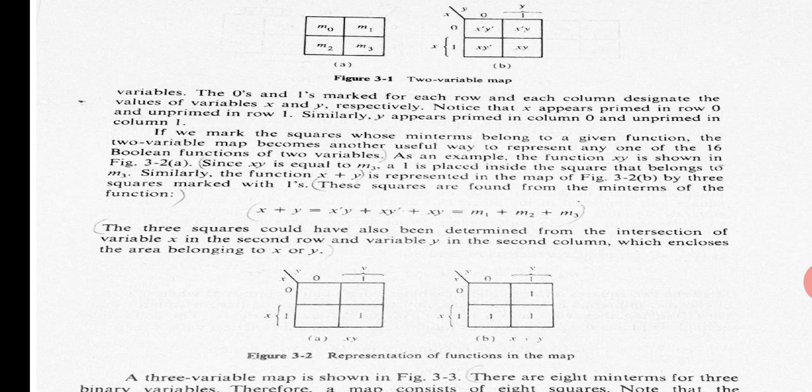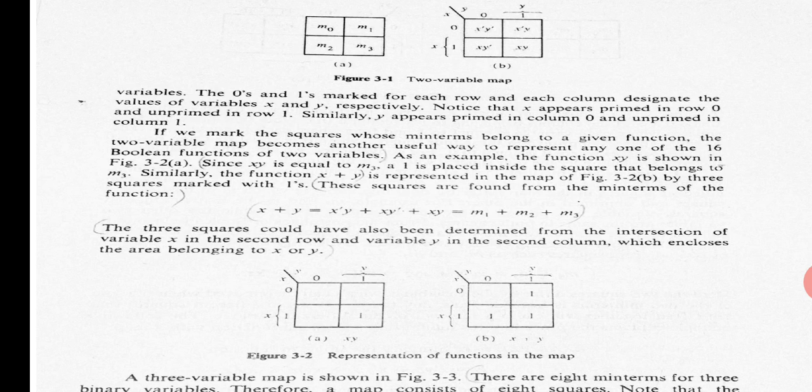For the second, xy dash means x equal to 1, y equal to 0. I'm sorry, x dash y means x should be 0, y should be 1. Correct. So x dash y means x should be 0, y should be 1.